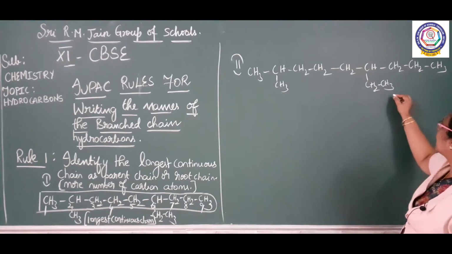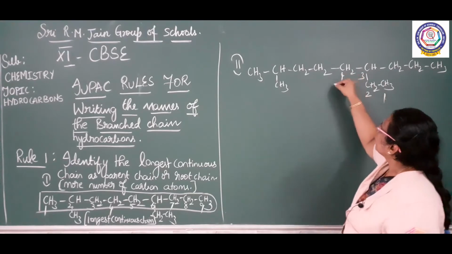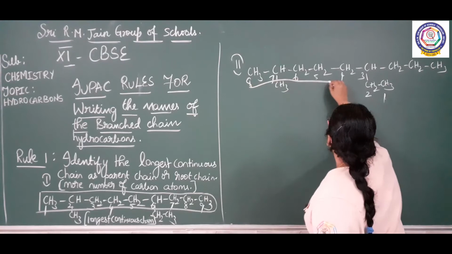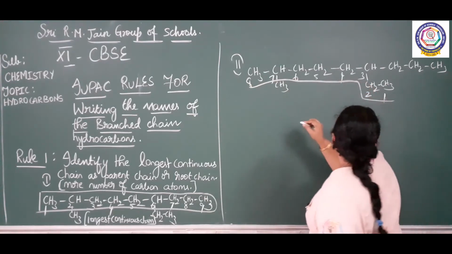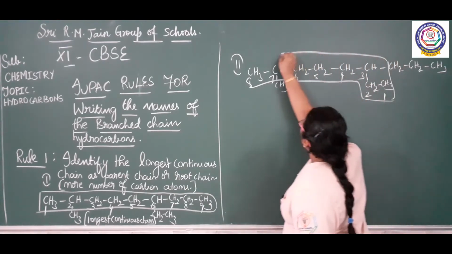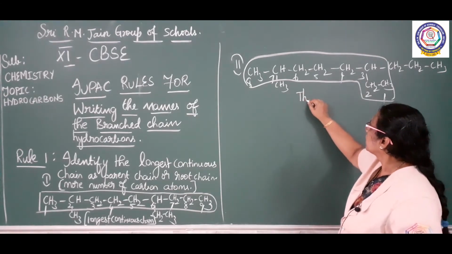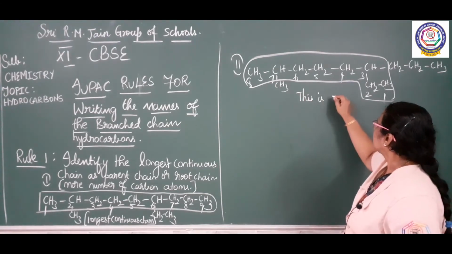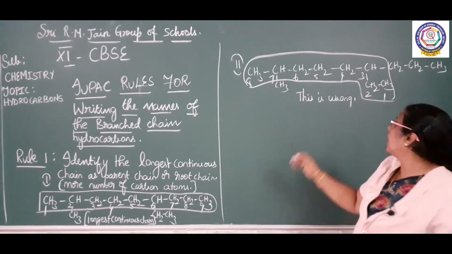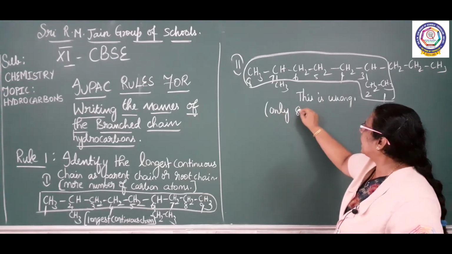Here, if I calculate this as the longest chain, 1, 2, 3, 4, 5, 6, 7, 8. So if this is the longest chain, this is wrong. Why is this wrong? Because it has only 8 carbon atoms.